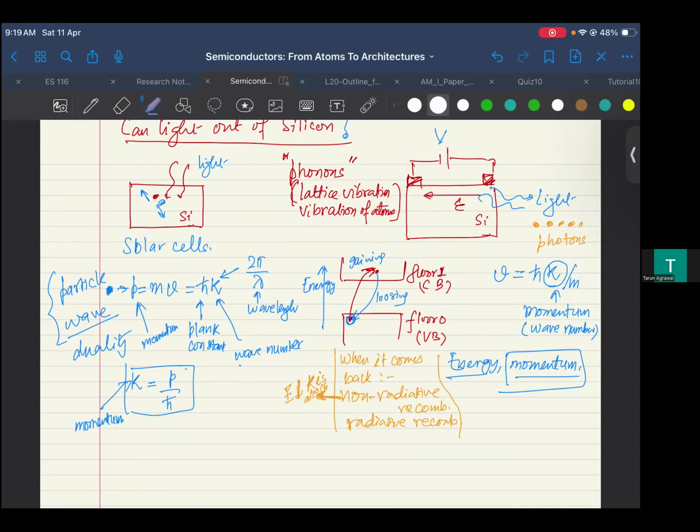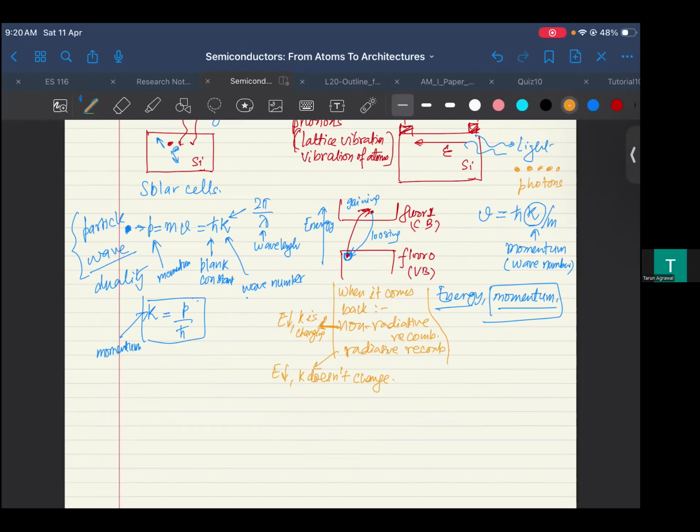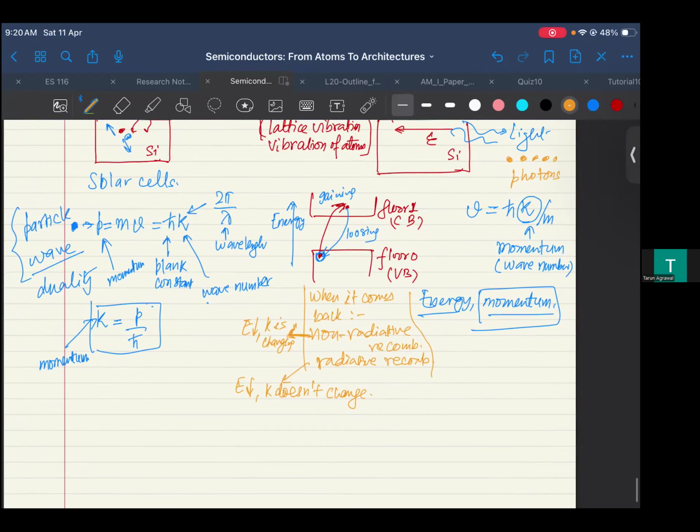In radiative, your energy is going down, but k does not need to change, or should not change. Now the question you can ask is, where does this come from? Why is k so important?